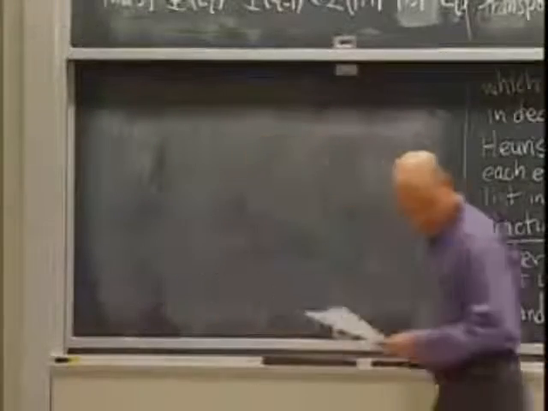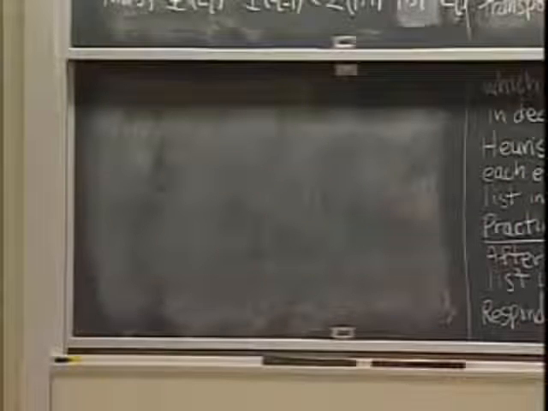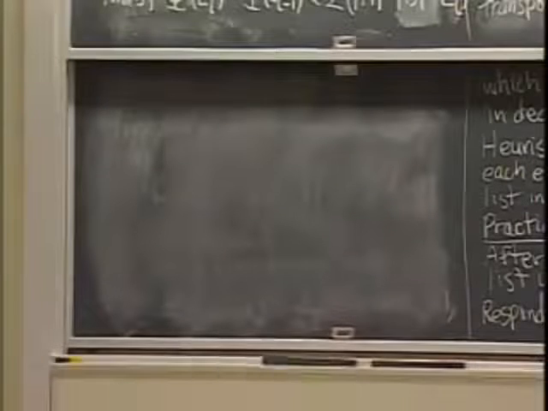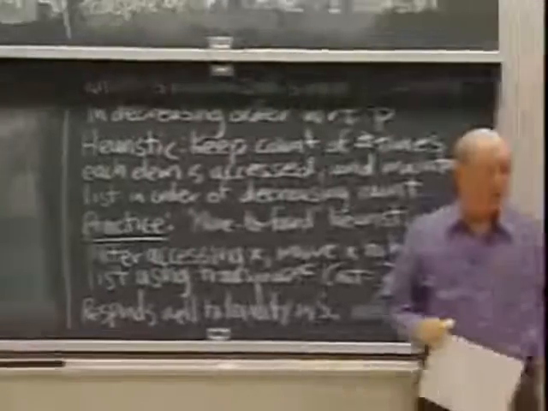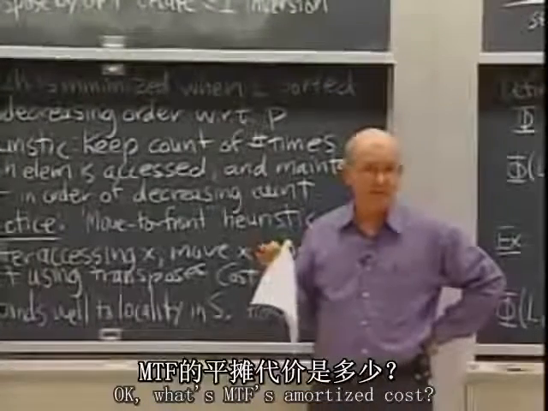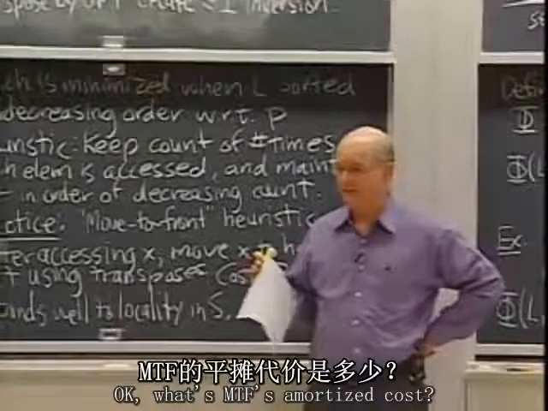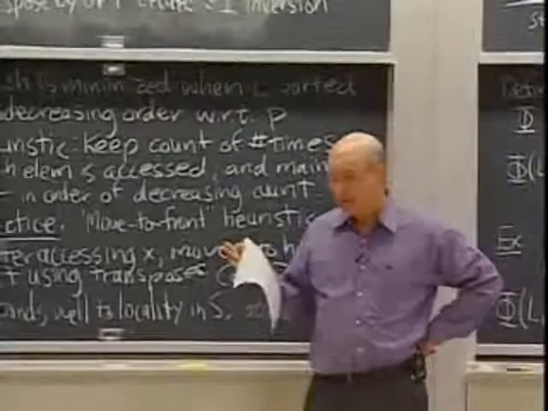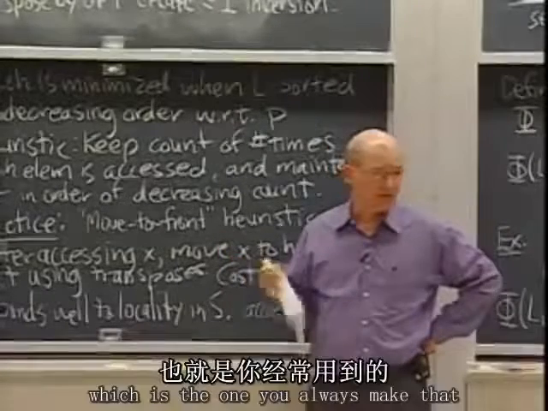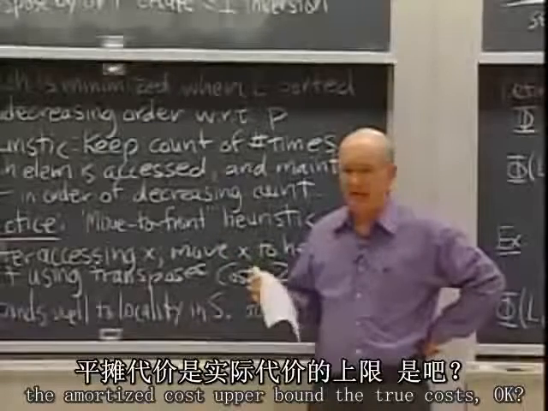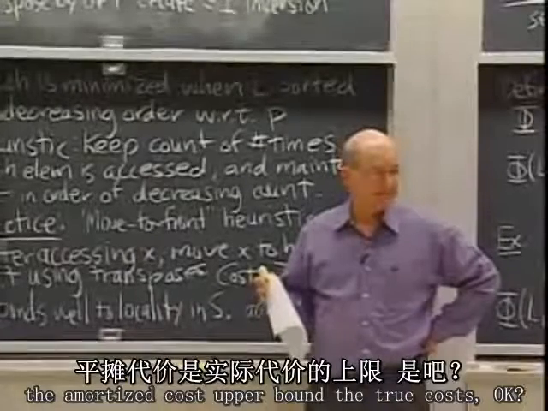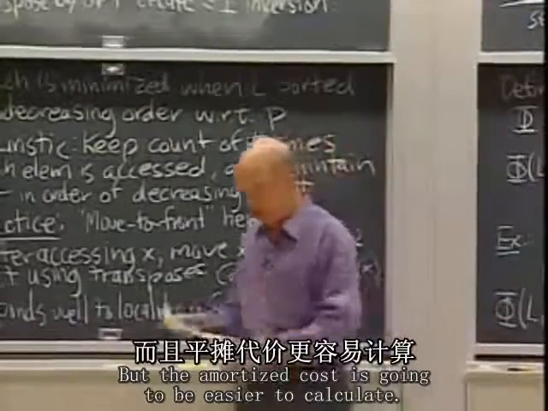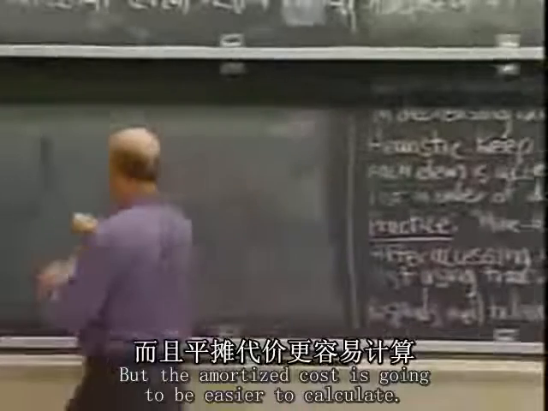The way we're going to do that is look at the amortized cost of the ith operation. What's MTF's amortized cost? Then we'll make the argument, which is the one you always make, that the amortized costs upper bound the true costs, but the amortized cost is going to be easier to calculate.